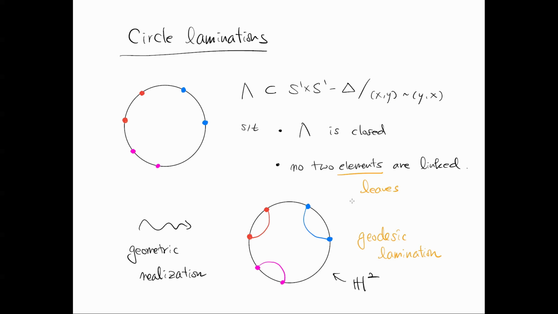So it's a geodesic lamination. Depending on your identification, you see something different, but up to orientation preserving homeomorphism, the picture is well defined. So I'll call it a geometric realization of a circle lamination. For this reason, this set of pairs of points is called a lamination. Any questions?